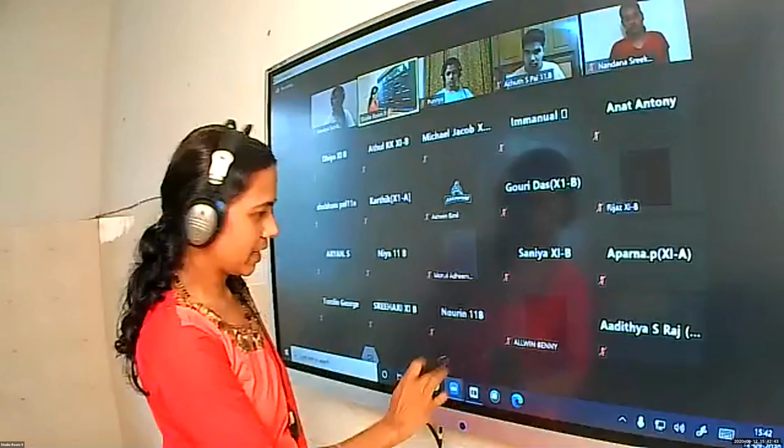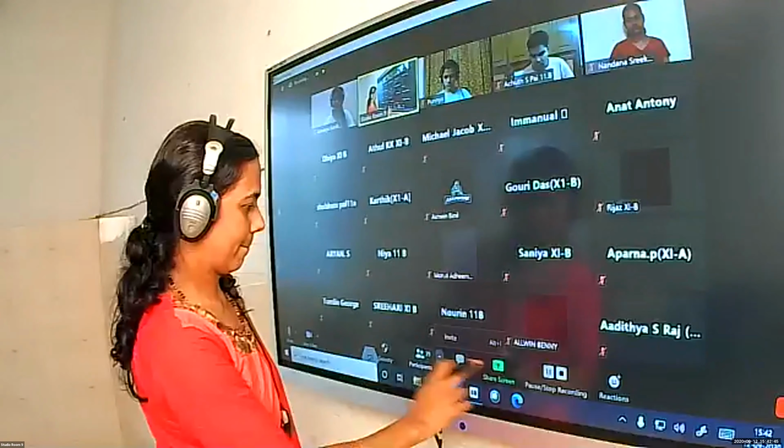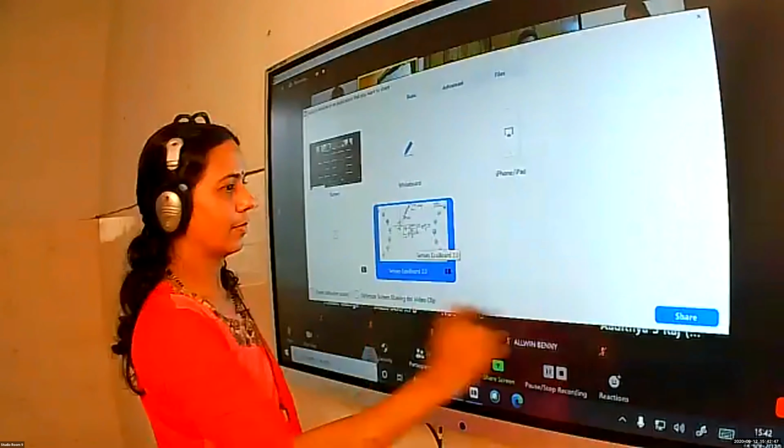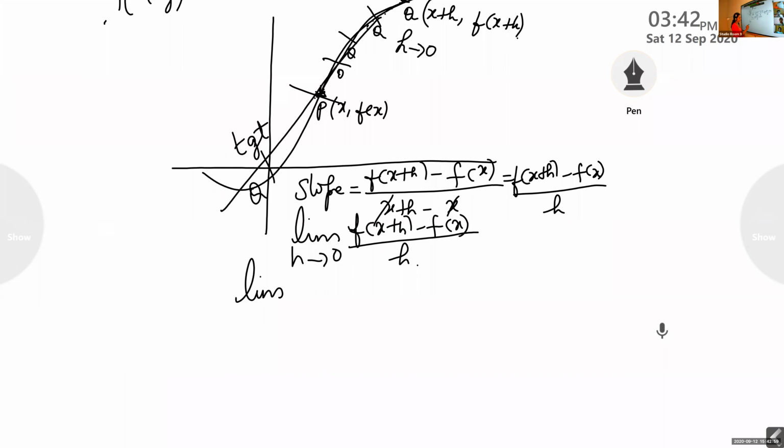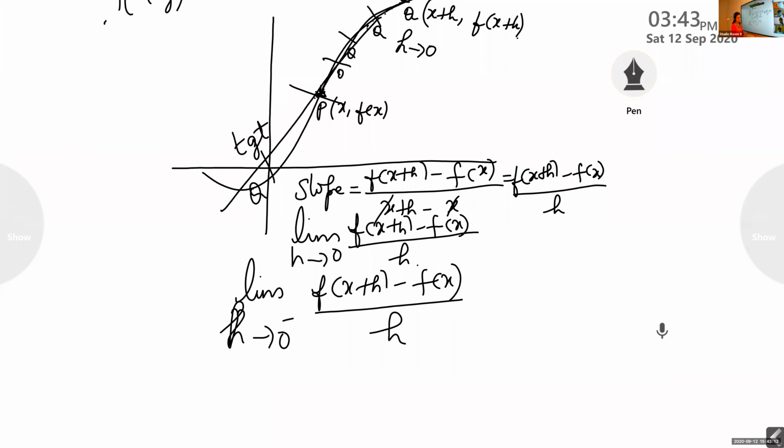Okay, children, so let me conclude that one. Here Q may approach towards P from the left hand side or from the right hand side. When it is approaching from the left hand side, we denote this as limit h tends to 0 minus of f of x plus h minus f of x by h.